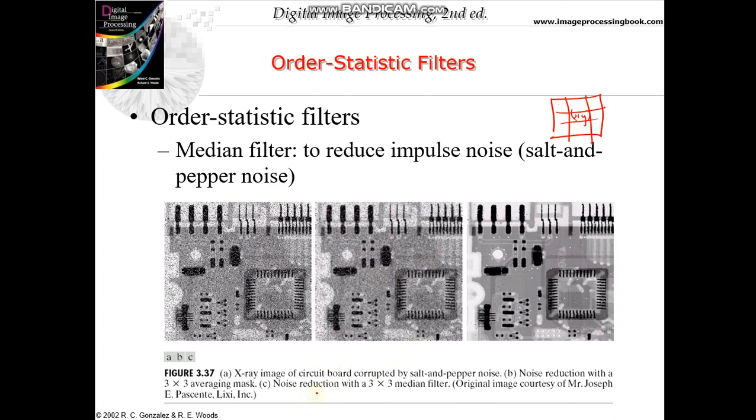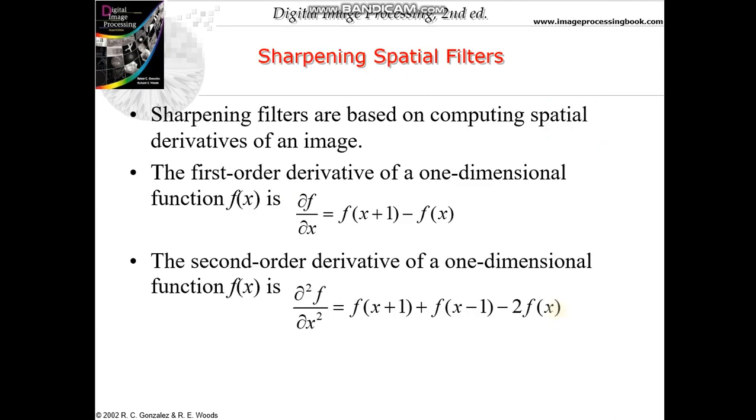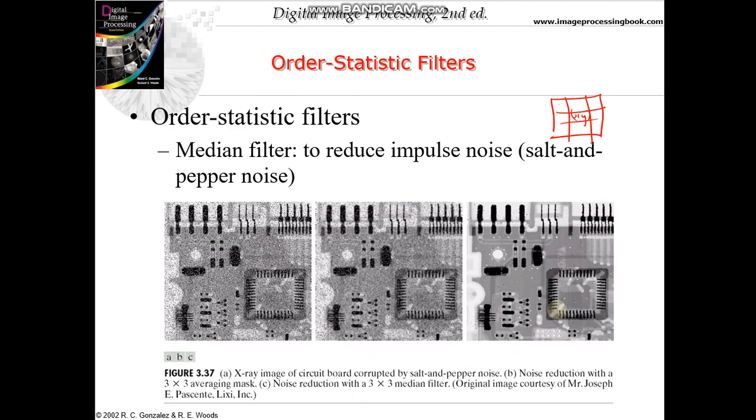But C is the noise reduction with a 3 by 3 median filter, and we can see that most of the salt and pepper noise is removed and we got a better, enhanced image. So that's all about order statistics filters. Thank you for listening.